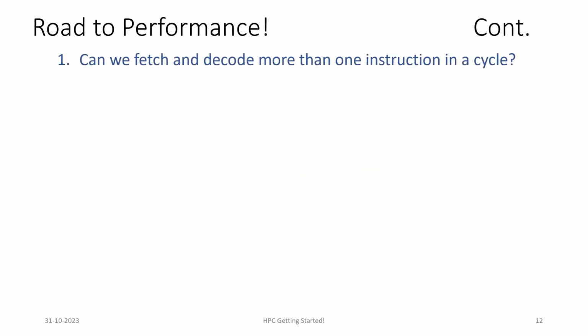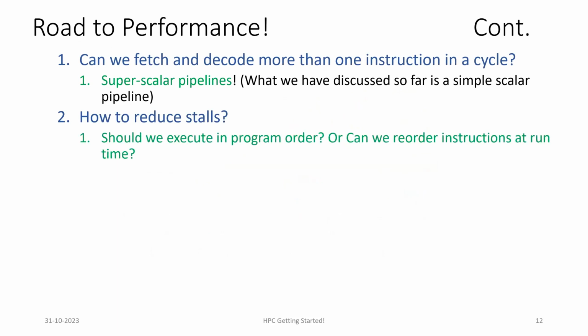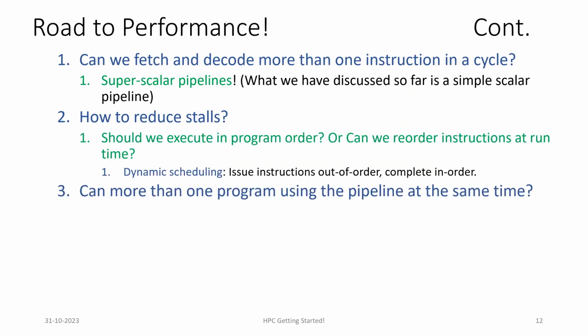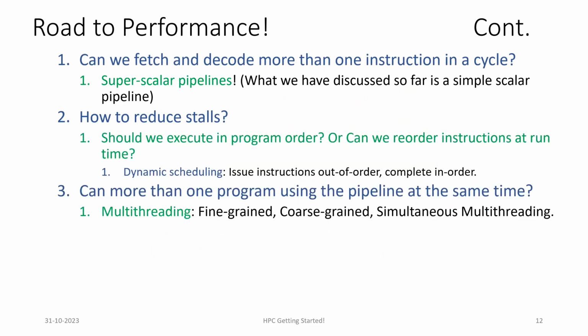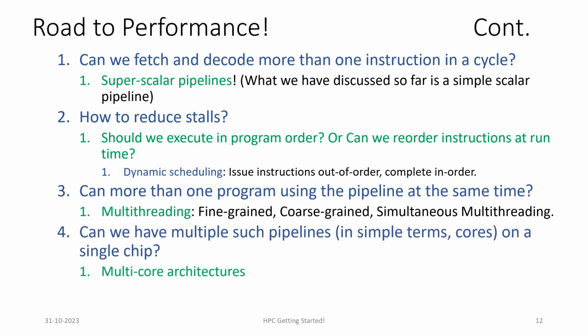Now, if you go back to how things have progressed from superscalars to supporting out-of-order processing to supporting multi-threading, we extended it to have multi-core processors or multi-core architectures. This is only the compute part. There is the other part, which is memory. We are going to touch upon that soon.